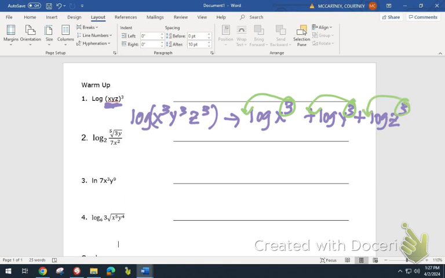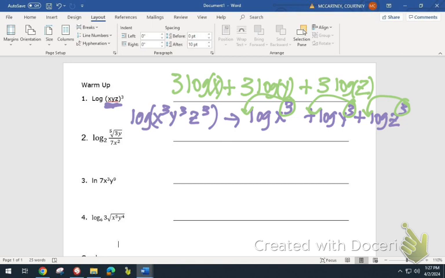So my final answer will be 3 log x plus 3 times log y plus 3 log z. You can put parentheses around those arguments. What I will be looking for is 3 being in front of each of them, and then all 3 of them being added.